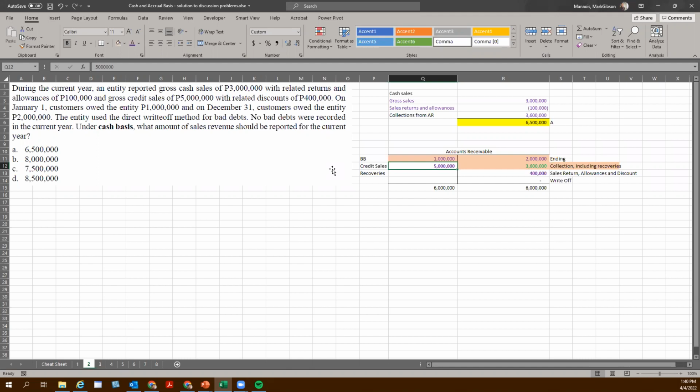Class, I'm changing my wording so that you can absorb this part more. Why? Because if, for example, the given is net sales and you flag it here, if you put net sales, you can already ignore the related sales returns, allowances, and discount. So don't make a mistake there, because sometimes that is where the tricky items come out. So that's problem number 2.